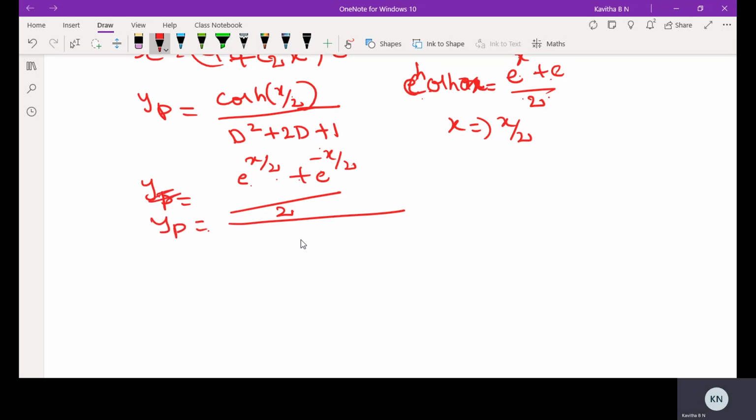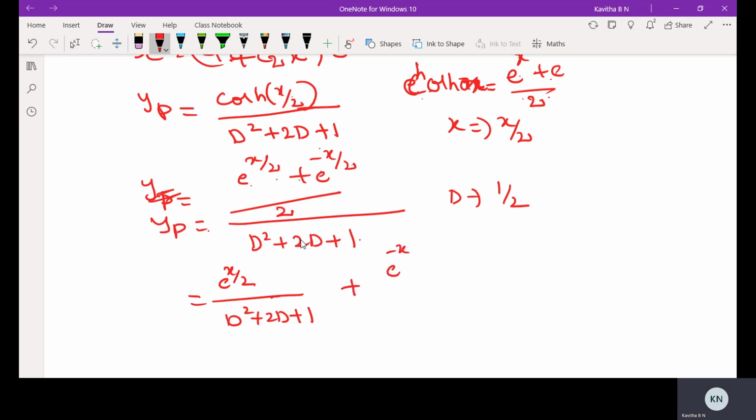Yp is equal to, then, d square plus 2d plus 1. Here e to the power of x by 2 over d square plus 2d plus 1, plus e to the power of minus x by 2 over d square plus 2d plus 1.